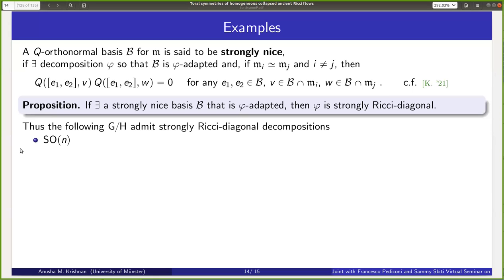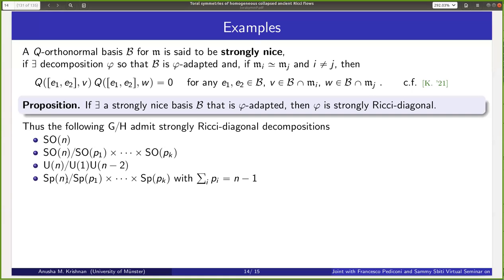For example, SO(n) mod products of block embedded SO(n)s, these U(n) mod U(1) U(n-2) with block embedding, Sp(n) mod a product of Sp(p_k)s in block embedding.